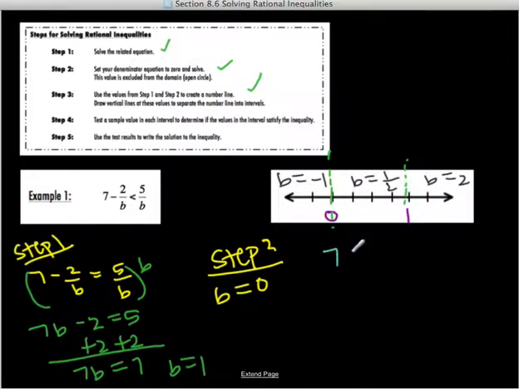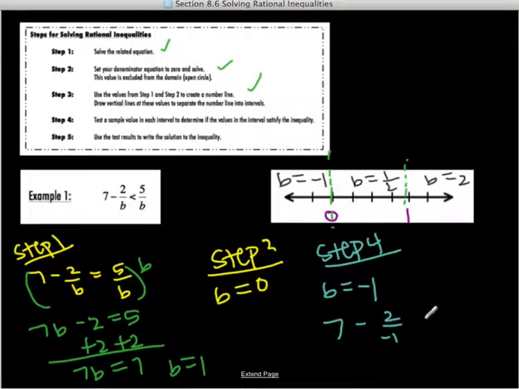Let me write this out a little nicer, because this is step 4. I'm going to first do b equals -1, and plug it into the original inequality. So I have 7 minus 2 over -1. Is that less than 5 over -1?